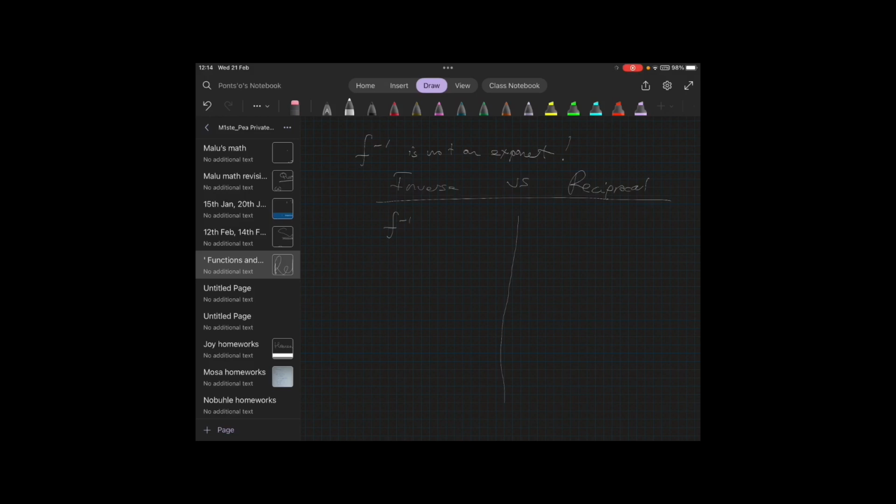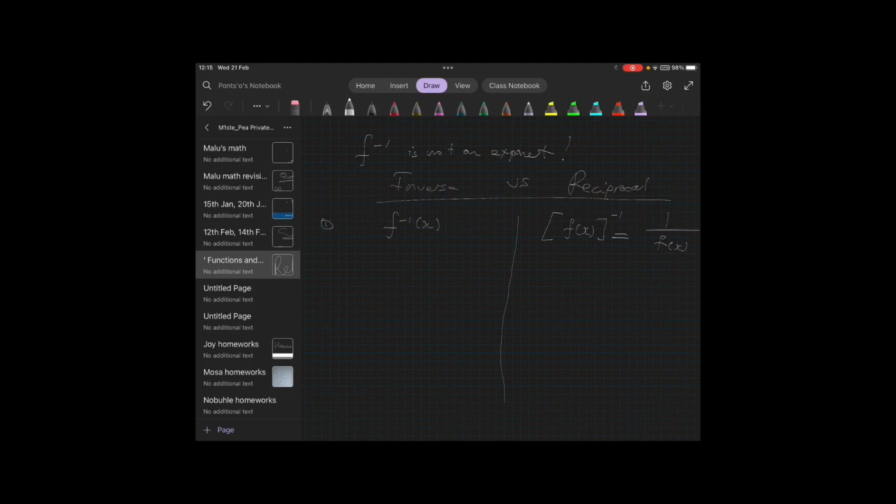Alright, so we'll have f inverse of x, and the reciprocal would be f of x all to the power of -1. And in the case of that, for that entire function, we apply the rule of exponents, which is 1 over f of x. Alright, that's the one thing.